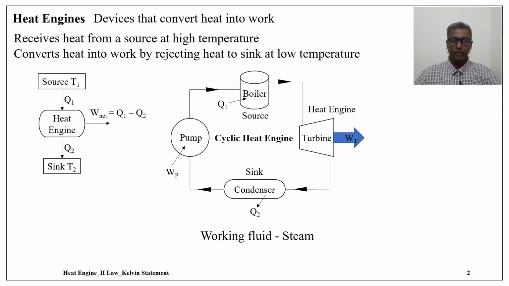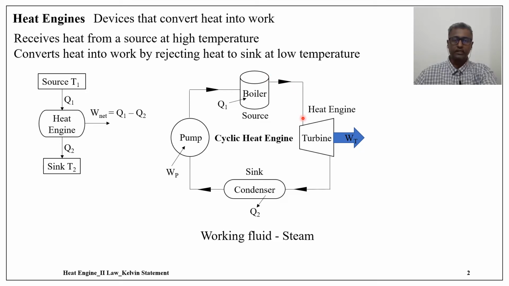Practically, we can think of an engine like this. So there is a boiler. We add heat inside the boiler to the working fluid. The working fluid here is steam, and initially water is present inside the boiler. On adding heat, it is converted into steam. The steam is at high pressure and temperature.